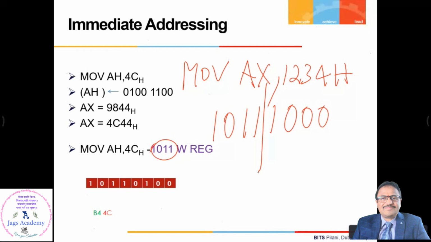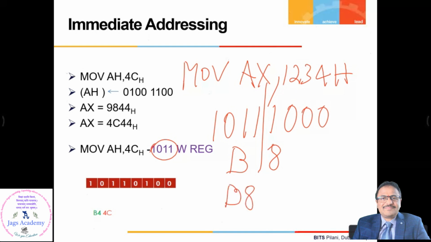How much is 1011? Is it B? Check it properly, my dear. 8 plus 2 plus 1, that is 11. B, yes, B. And this is 8. So your machine instruction will be B8.